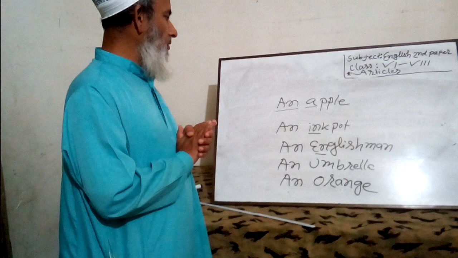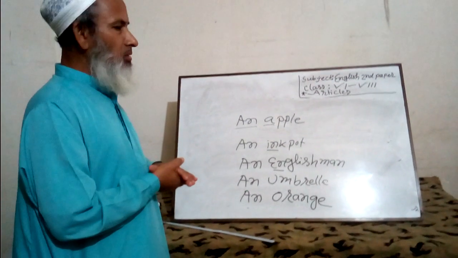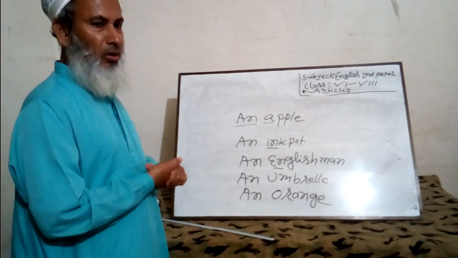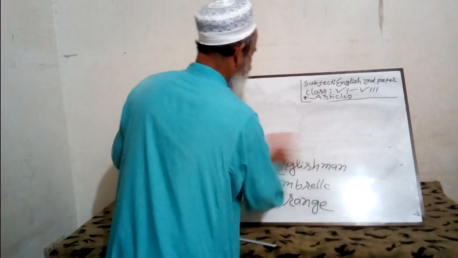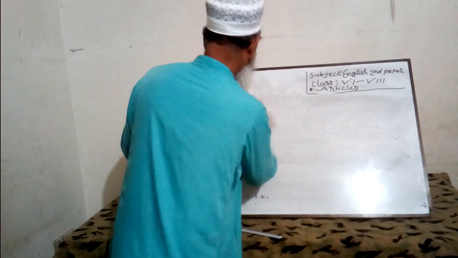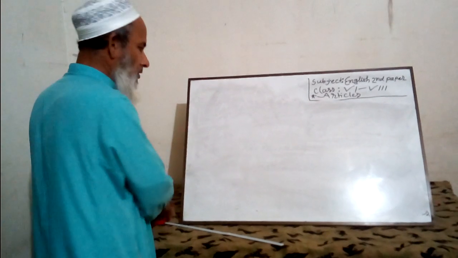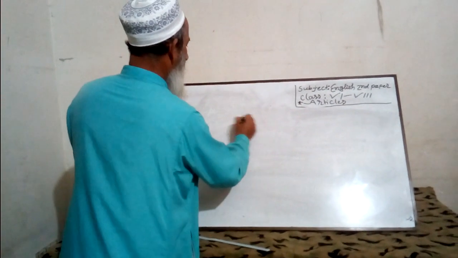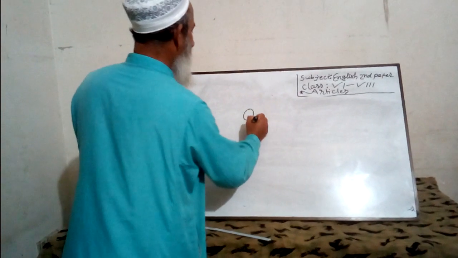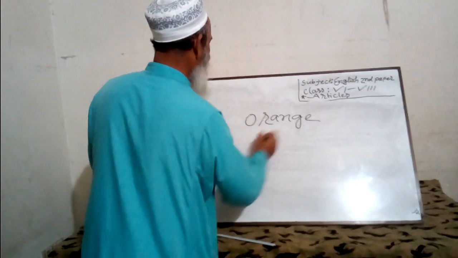But in spite of being vowels, sometimes we use a before vowel. This depends on the sounds of the word. Look at the difference of these two words: orange, one.